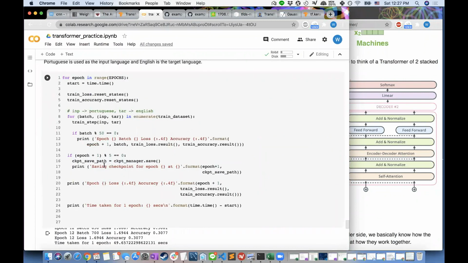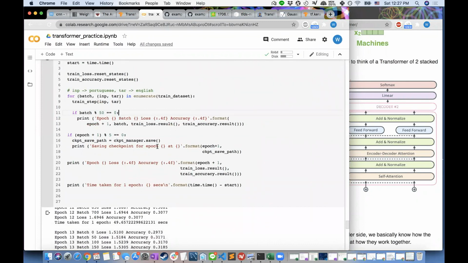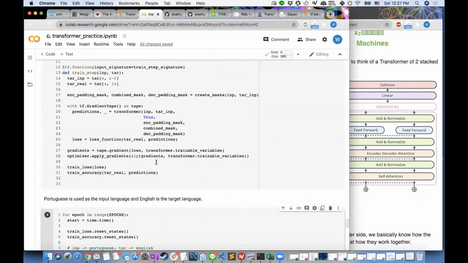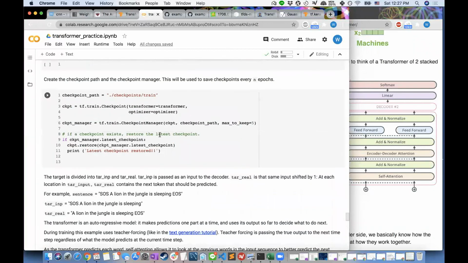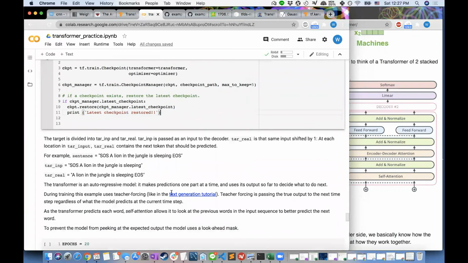This is relatively straightforward. You're basically taking per batch inputs, target variable, and train step. Then you print the results out, and you make sure you have your checkpoints saved. The way you define that is, TensorFlow has a checkpoint manager that allows you to save checkpoints so that perhaps you can look back into it.